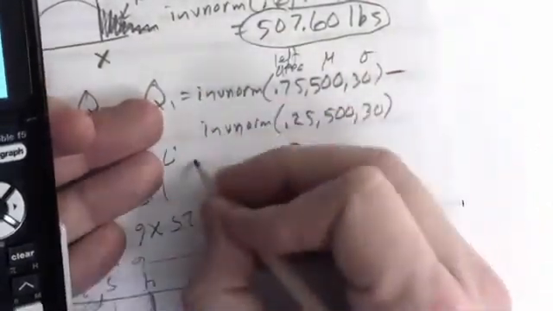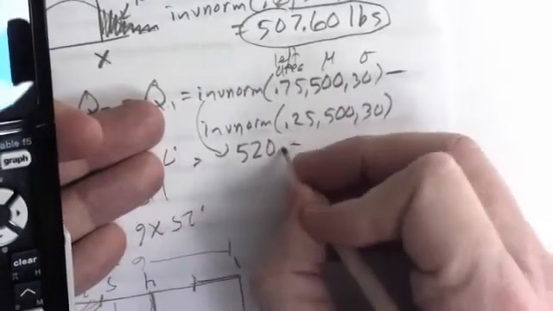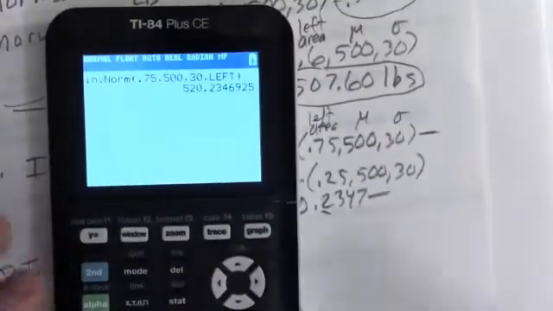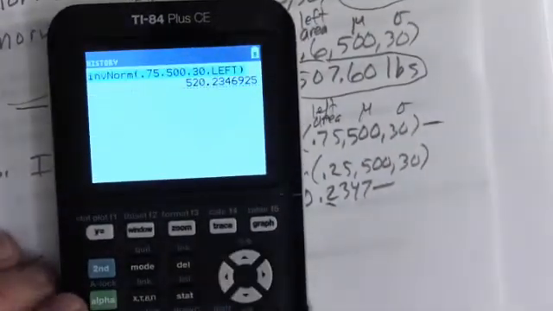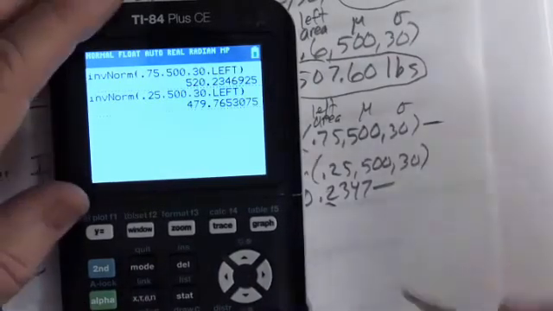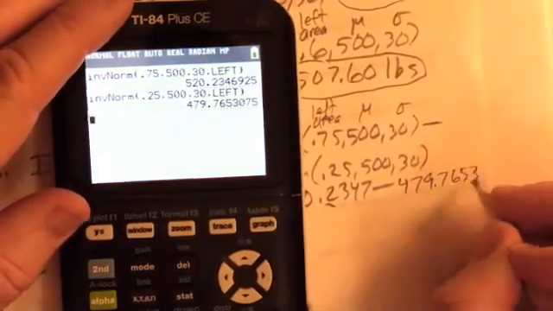Q3 is 520.2347 minus, and then Q1, you do the same thing, or you could just arrow up here, capture that, and then go back and change this, arrow over and change this to 0.25 to get Q1. And so that's 479.7653. Okay.